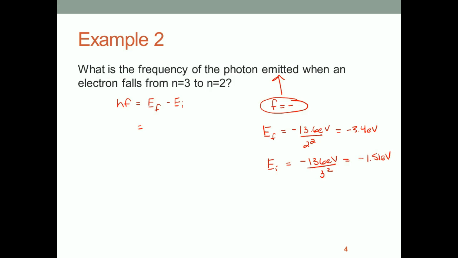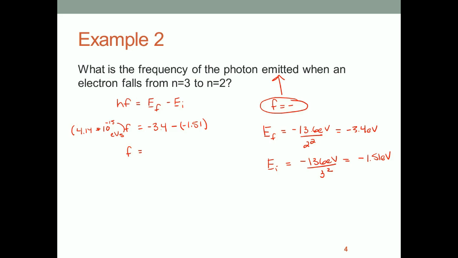So now we just plug in numbers, negative 3.4 minus a negative 1.51 equals h times the frequency, and then remember h in eV units is 4.14 times 10 to the negative 15, and this has units of eV times seconds.